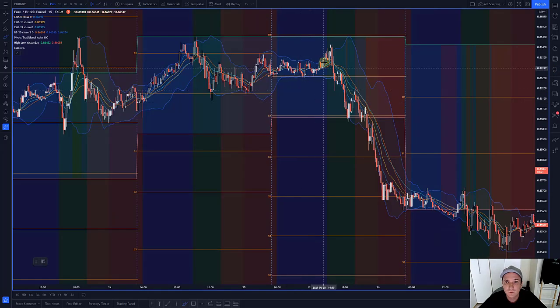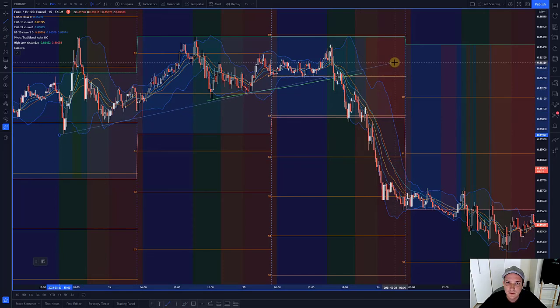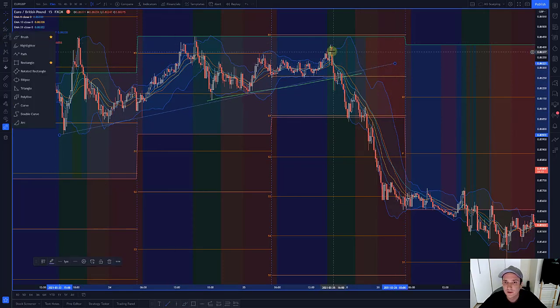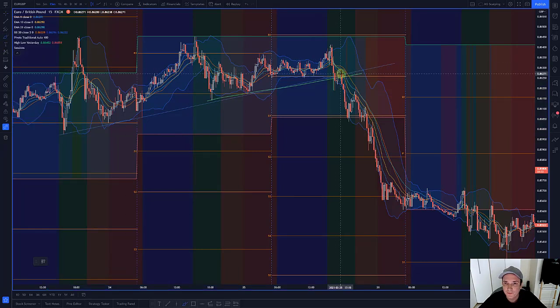And here, for example, we have a breakdown of a trend line, a longer term trend line actually. If we draw this in, right at the open of London, we break below the daily pivot, we retest the daily pivot together with the moving averages inside the Bollinger Band. So somewhere here we want to go short, or we wait for the breakdown to go short, goes down to S1 and yesterday's low.